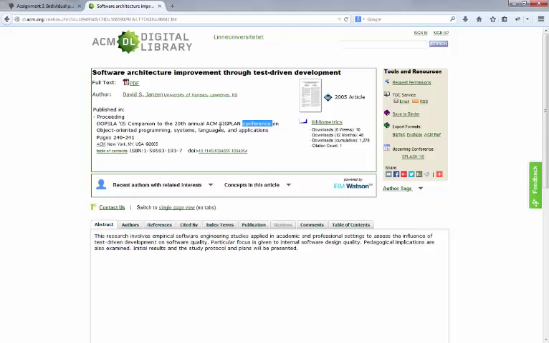So a peer-reviewed paper, the process is like this. The people who are organizing the conference ask scientists to send in their papers. And the scientists write the papers and send them in. And then there is the peer review process.